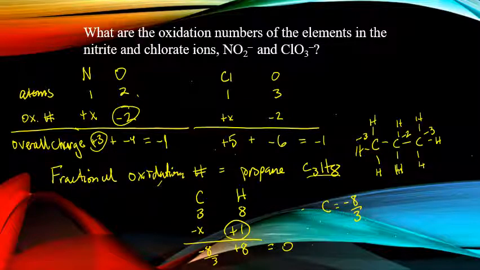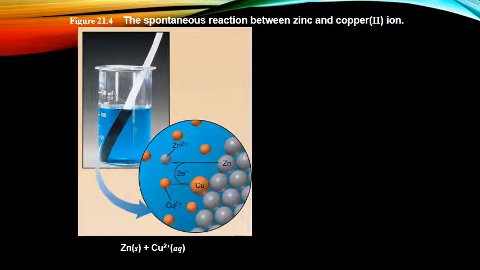Like I mentioned at the beginning, we are going to focus on spontaneous processes. So when we look at the reactants for this particular reaction, we have zinc metal reacting with the copper 2 ion. You can tell the copper 2 ion, if you recall, from that characteristic blue color for the solution.